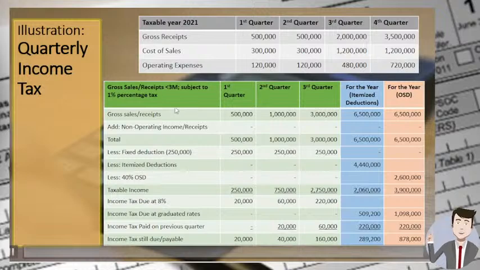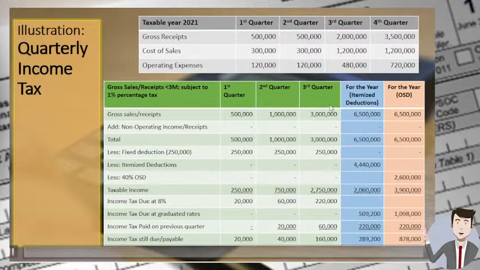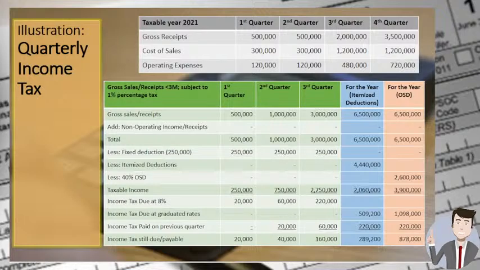So since the taxpayer selected the 8% option on the first quarter, okay? But in case that at the end of the year or in any of the quarters, you exceed the threshold, you have reached the VAT threshold of 3 million, you will no longer be qualified or allowed to use 8%.